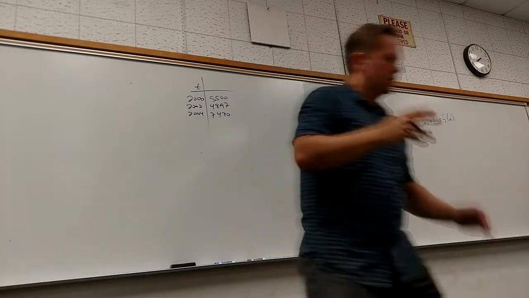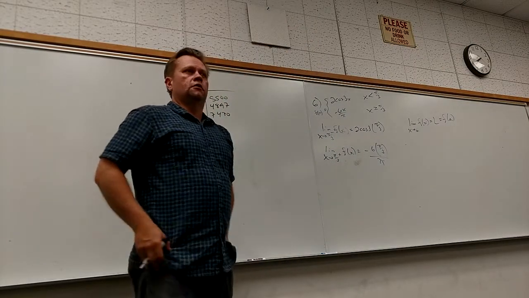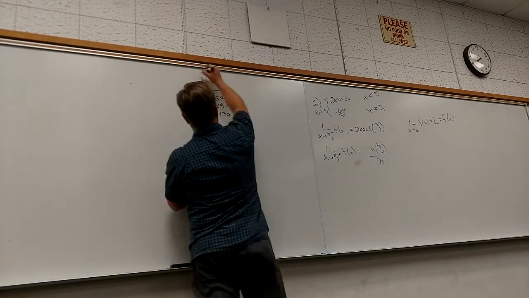I could actually approximate the slope at 2001. How can I do that? So this is n of t.